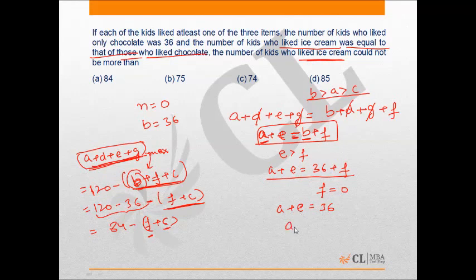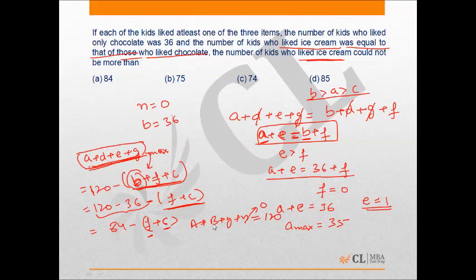From here I could take the maximum value of A, which is 35, and E equal to 1, right? Now take the basic equation again. A plus B plus G equal to 120, and F is 0 in this case, right?